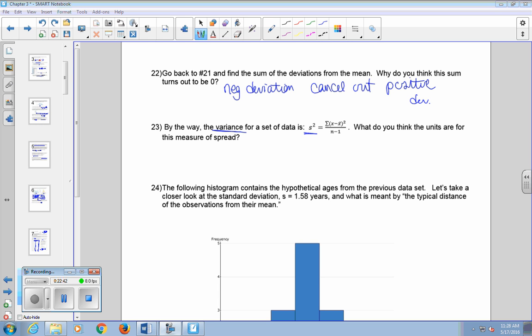They would be our unit squared. So in this last example, it would have been years squared. And so standard deviation is often used because we're talking about the right unit. We're still in years when we're talking standard deviation.